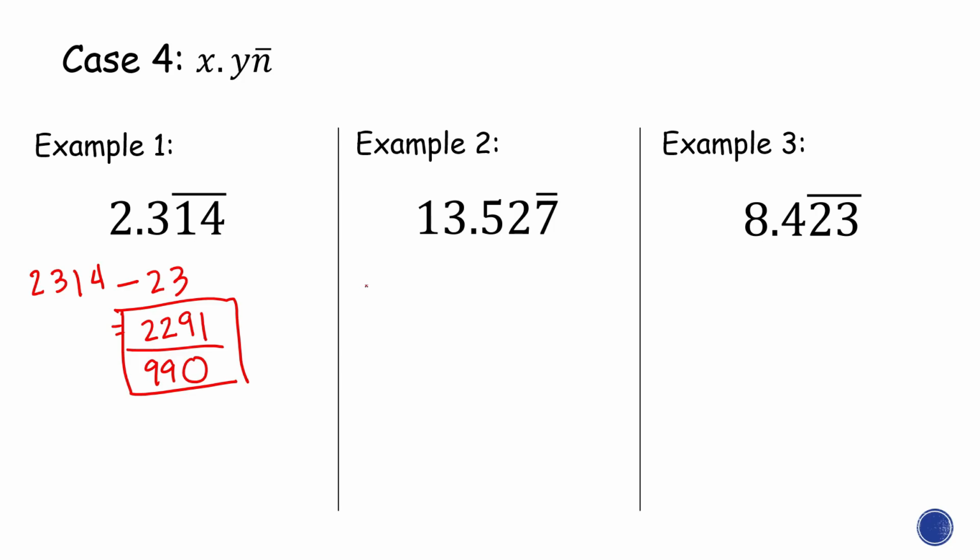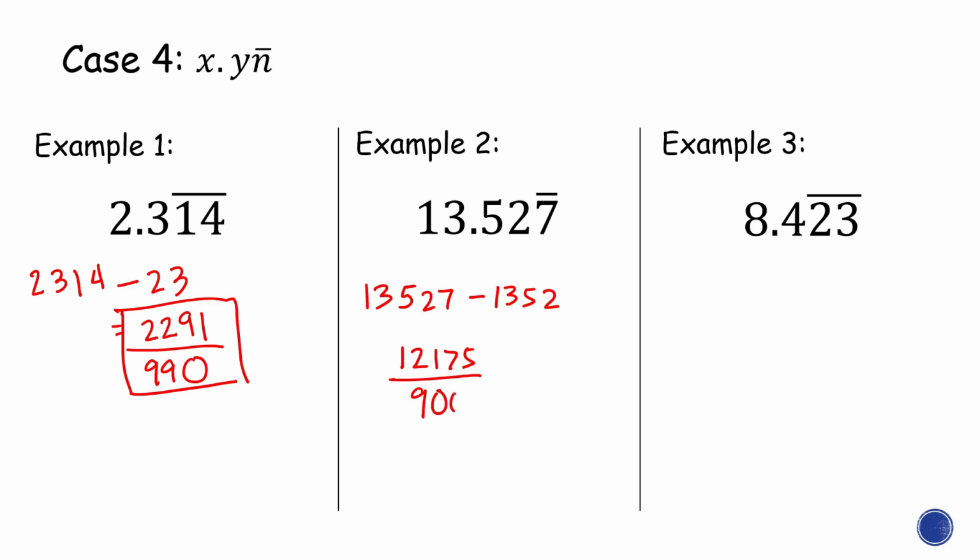All right, let's consider example number 2. Again, we take away that decimal point. So 13527 minus the non-repeating digits 1352, which is equal to 12175, over how many repeating digits? We have 1. How many non-repeating digits after the decimal point?